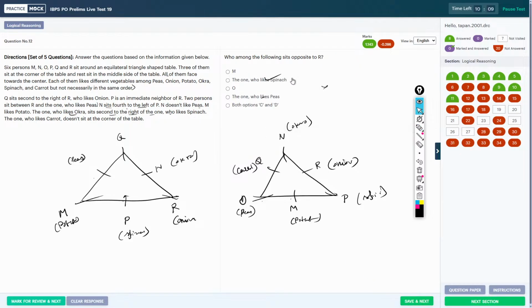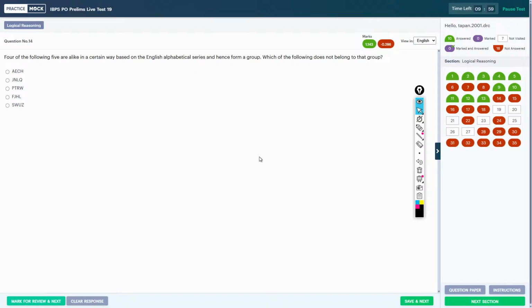And the following is opposite of R, O, or T's, both C, D like carrot, Q. Okay, plus 2, minus 2, plus 5, J, N, plus 2, or rather plus 4, minus 2, plus 5, R2W plus 5, H2L not plus 5.